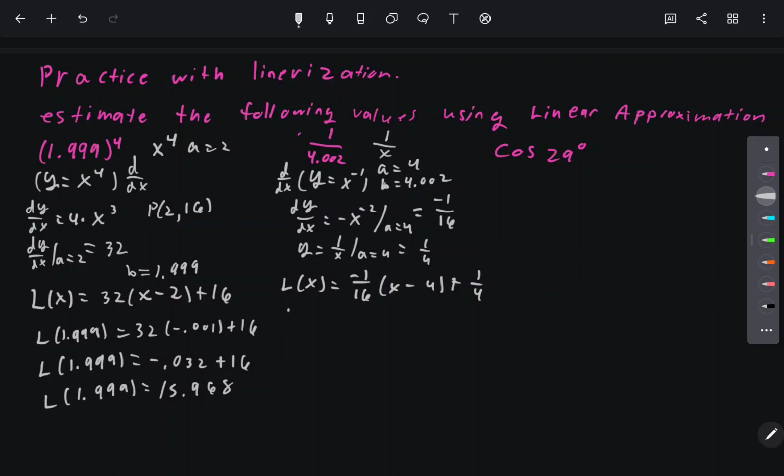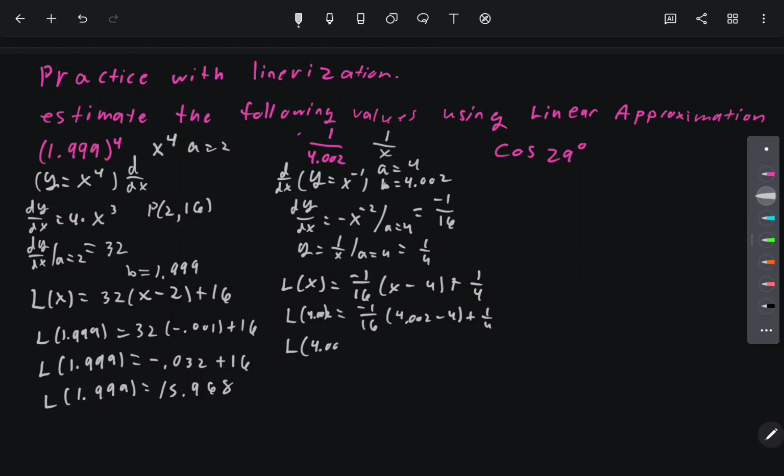Alright, so we get the linearization of x is negative 1/16 times, or sorry, around 4.002. It's going to be 4.002 minus 4 plus 1/4.